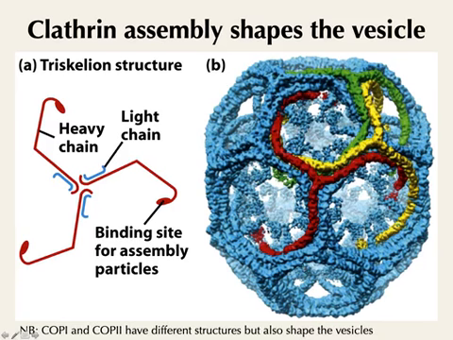So first off, very briefly, again about the coat proteins. In the case of the clathrin pit, clathrin has been very well studied. And this cartoon illustrates the relationship between the structure of clathrin and the formation of a vesicle. In the lecture on endocytosis, I will show you even more about this.